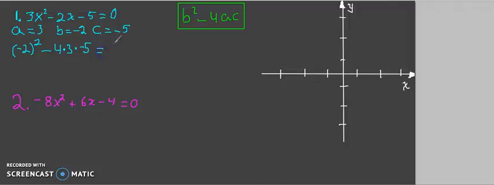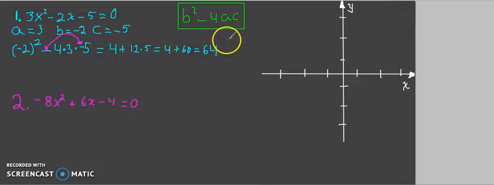So simplifying this, we get 4 minus, or actually plus, because you can see that these negatives right here are going to cancel each other out. So that makes things a little bit nicer. So now we've got 4 plus 3 times 4, which is 12, times 5, which is equal to 4 plus 60, which is equal to 64.